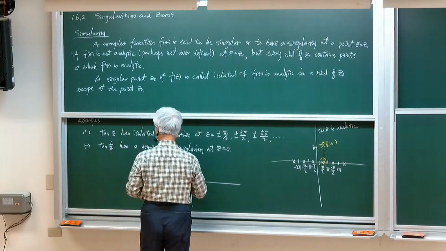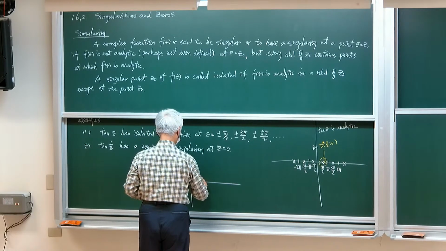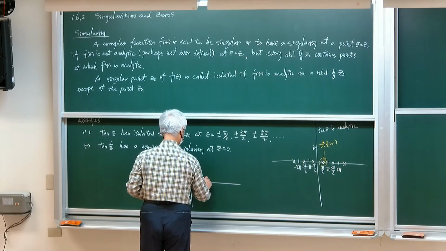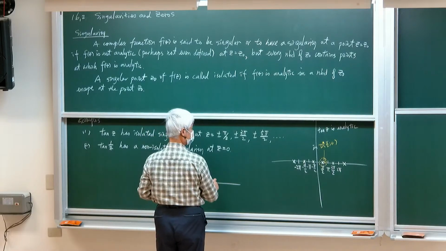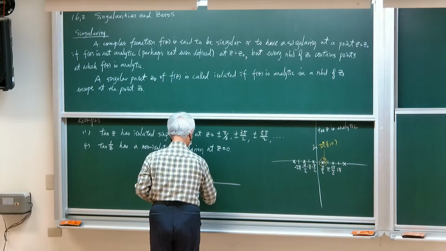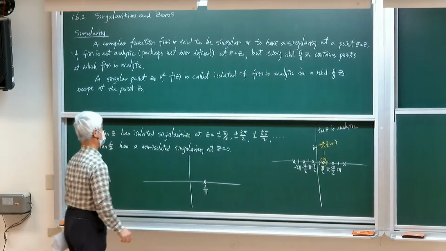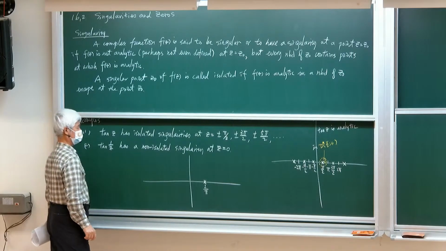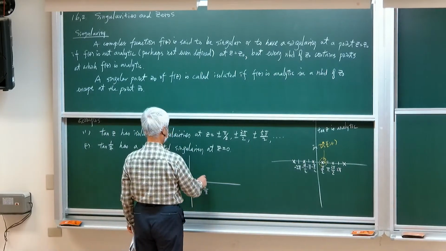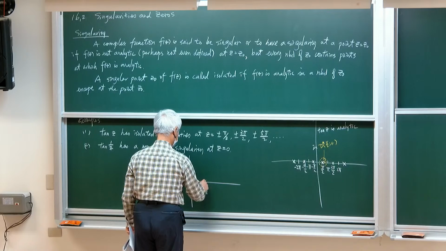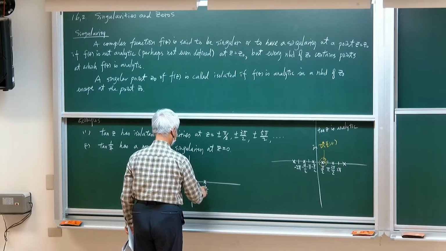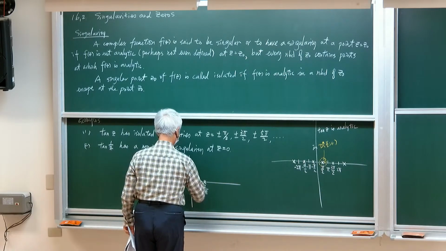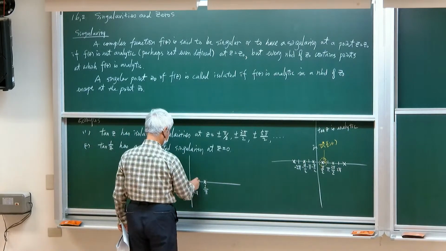And as you can see, here is a point at pi over 2, a single point, and 3 pi over 2, another single point, and you have a lot, right?